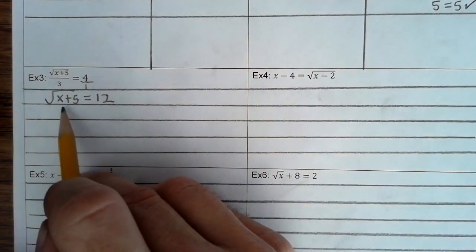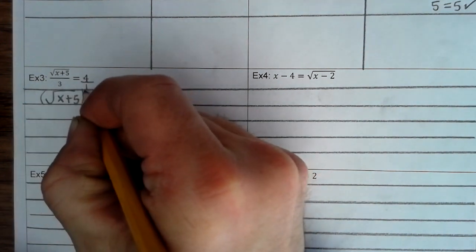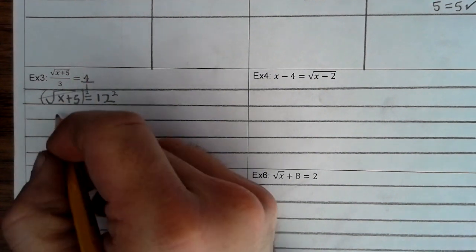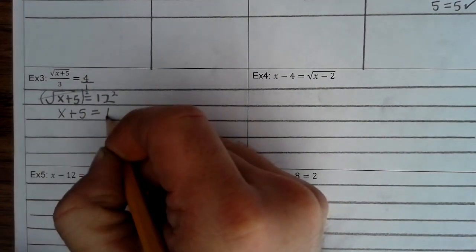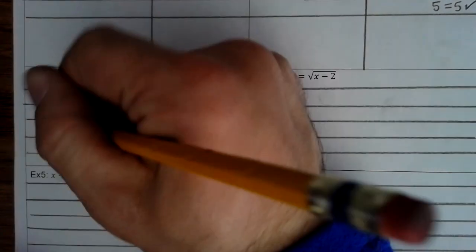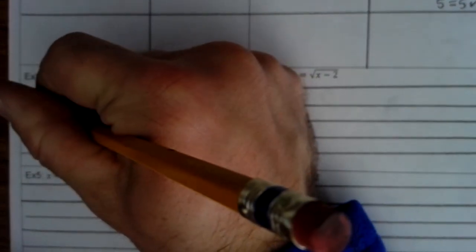All right, the square root's isolated. Now we need to square both sides. This becomes power of 1. You get x plus 5 equals 12 squared, which is 144. Subtract 5 from both sides. x equals 139.